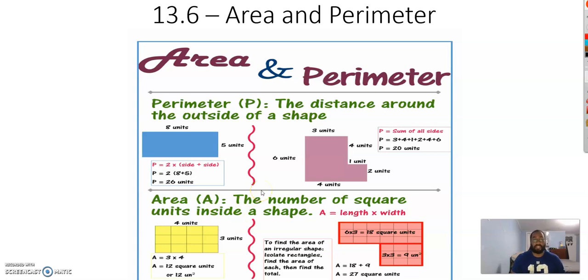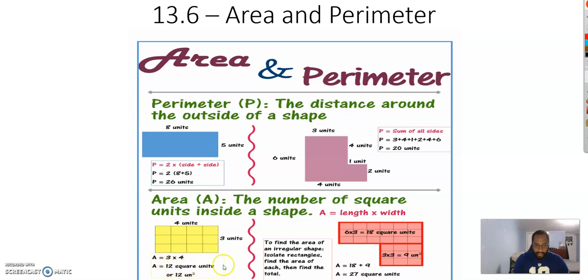Area is the number of square units inside of a shape. For area, there is a formula where area is equal to length times width. So you have to multiply both sides of the shape in order to find the area.